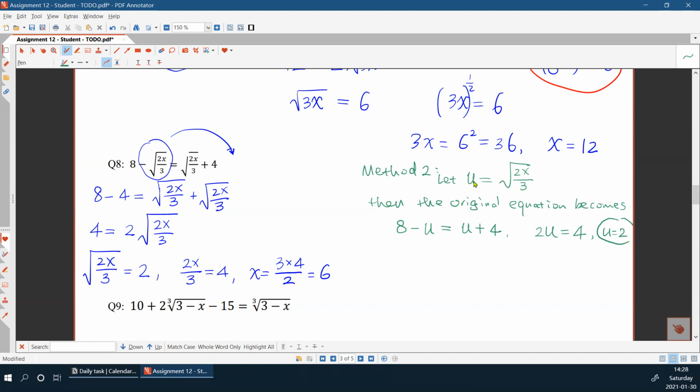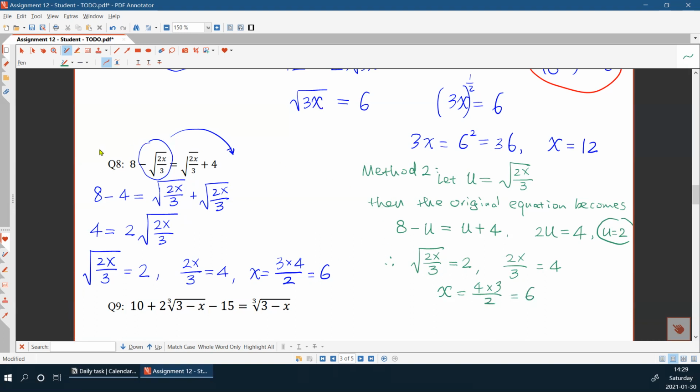And also you know that u is actually square root 2x over 3. So that means your 2x over 3 now is 2, right? And again, when you have square root of something is 2, that means this thing is actually a 4, right? And then you can solve x is 4 by 3 over 2, which is 6.